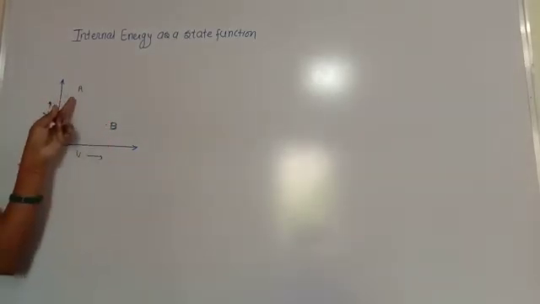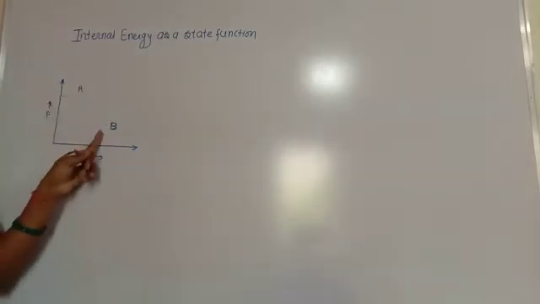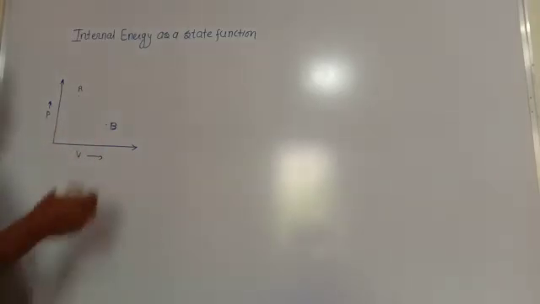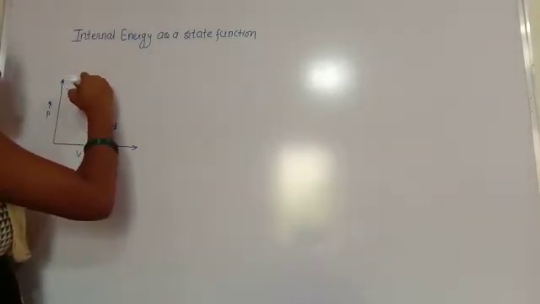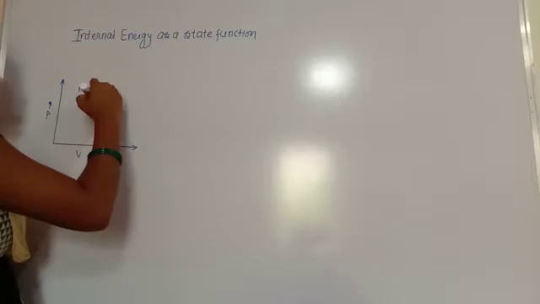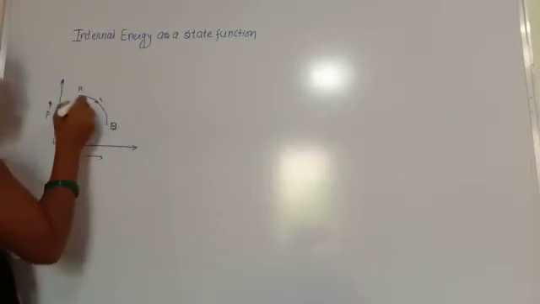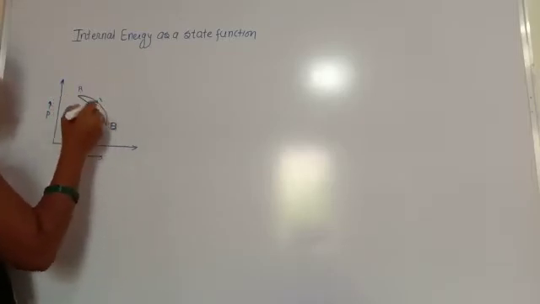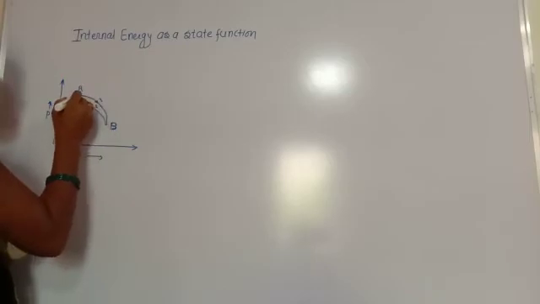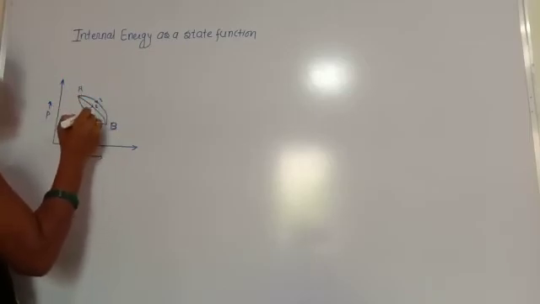In going from initial state A to final state B, there are four paths. This is the first path, this is the second path, this is the third path, and this is the fourth path.